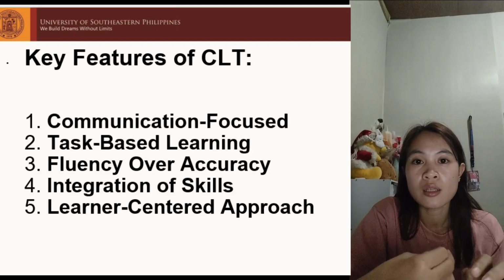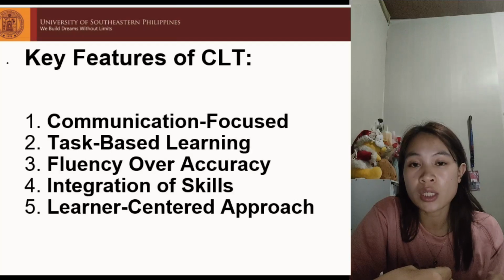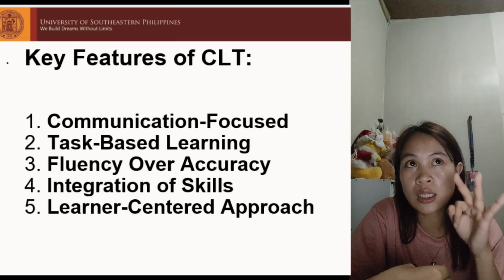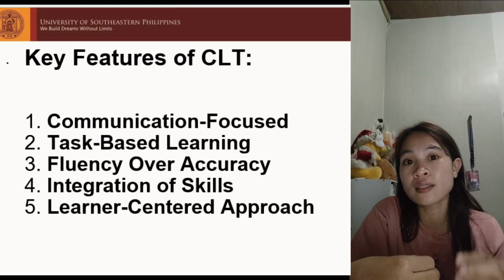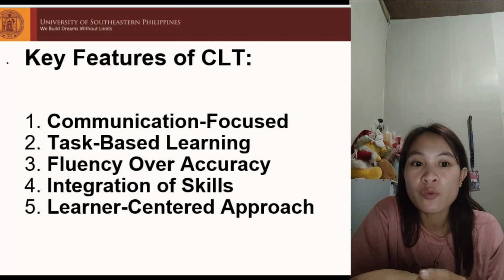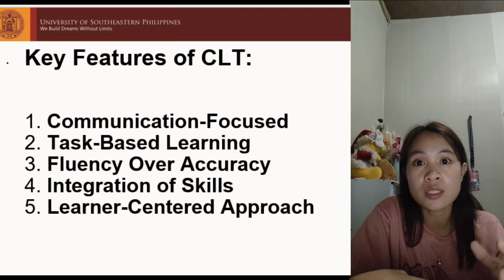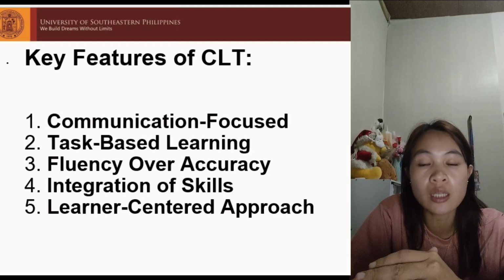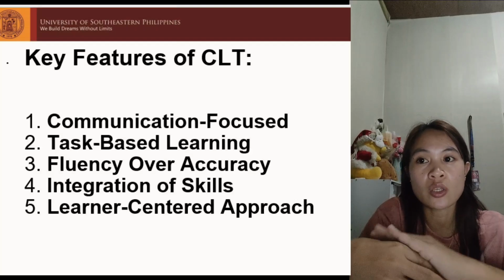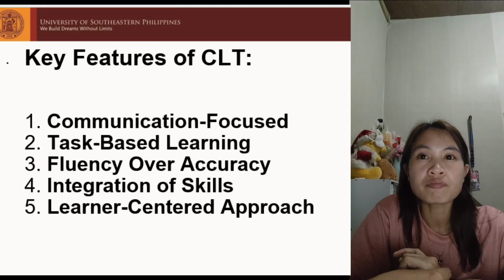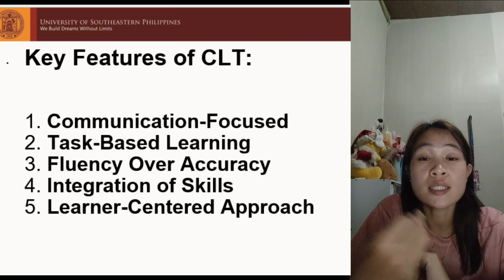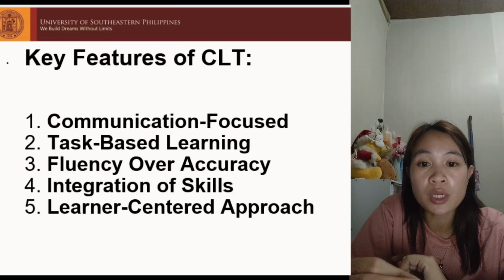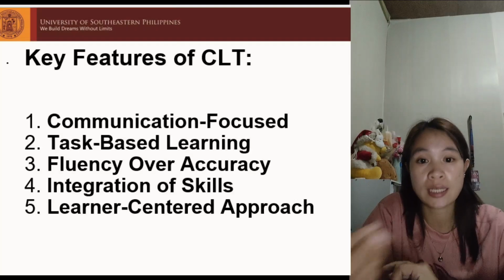Number three, the integration of the four macro skills: reading, writing, listening, and speaking are taught as one rather than separately. And number four, it gives emphasis on fluency rather than just accuracy. So in that manner, mistakes are seen to be part of the learning process rather than obstacles.